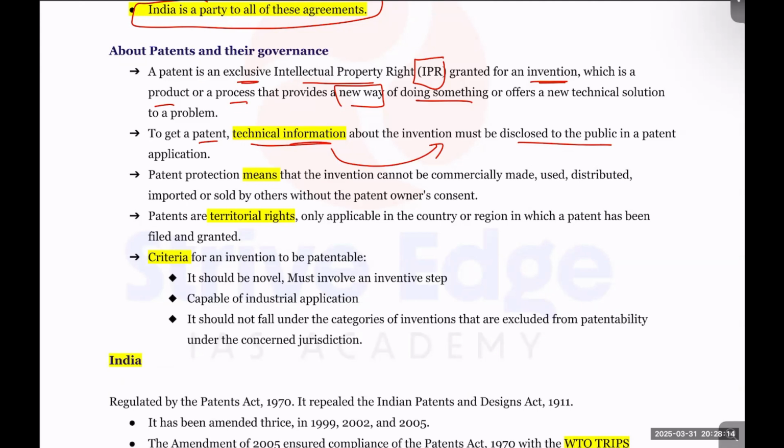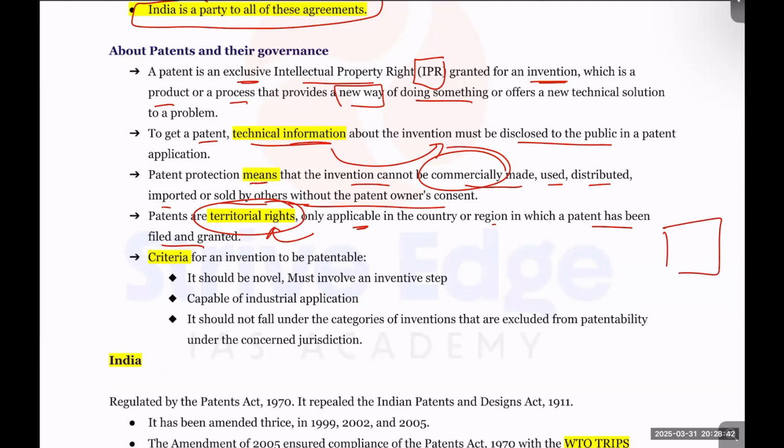And patent protection means that this invention cannot be commercially made available, used, distributed, imported, or sold by others without the owner's consent. So whoever has filed that patent, without his permission, this patent cannot be commercially exploited. And patents are territorial rights. You should remember that these are territorial rights. These are only available in the country or region in which the patent has been filed and granted.